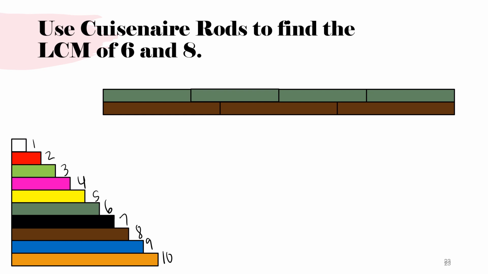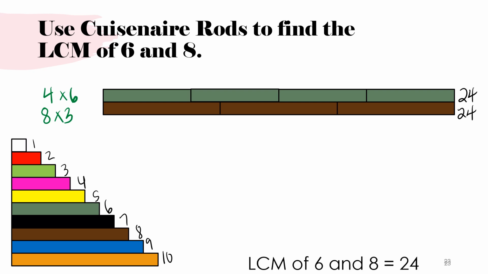If you have 4 of your 6 rods, what is the length of that train? 4 of our 6 rods would be 24. And 3 of our 8 rods would also be 24. So our least common multiple is 24.